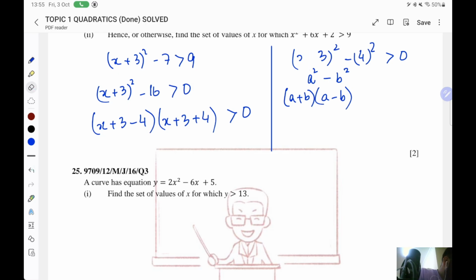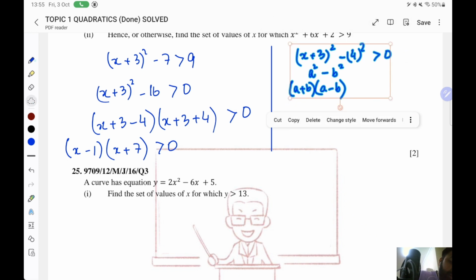So one bracket is going to be x minus 1, the other bracket will be x plus 7 greater than 0. So these are telling me the critical values. I can see the critical values from here. I will sketch the graph.